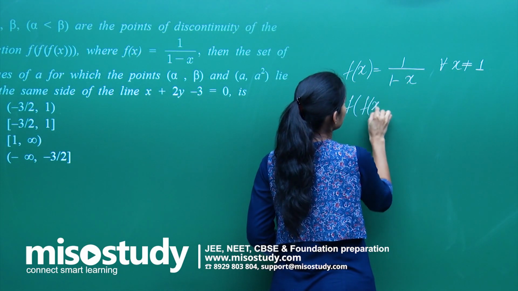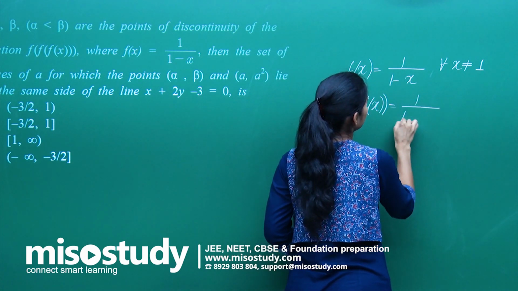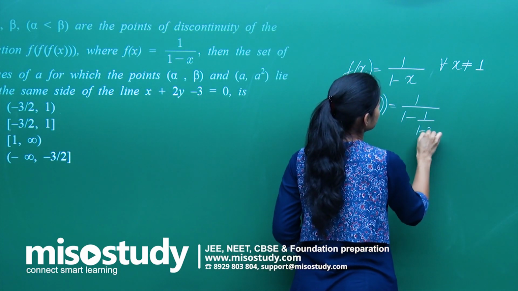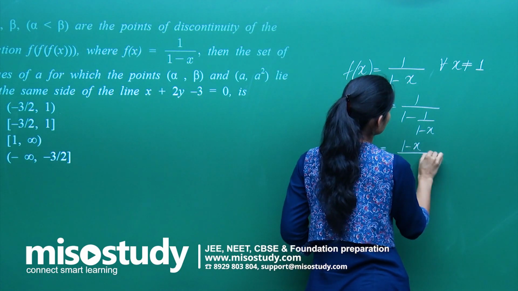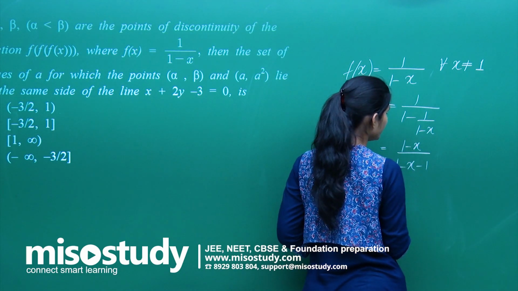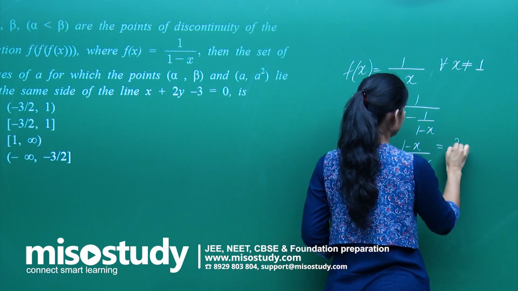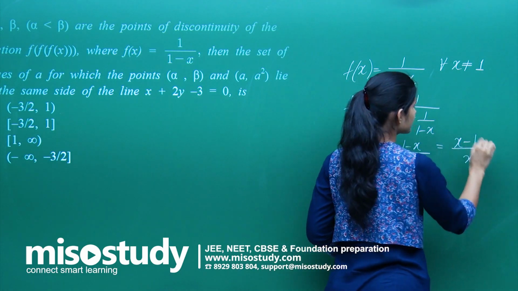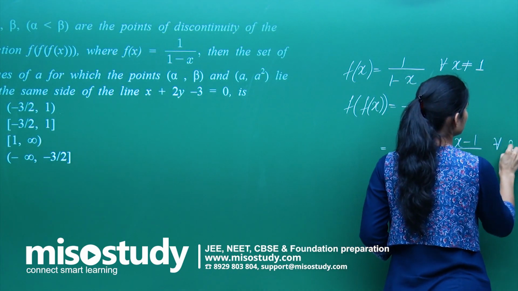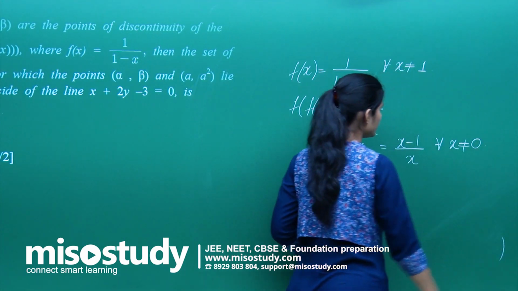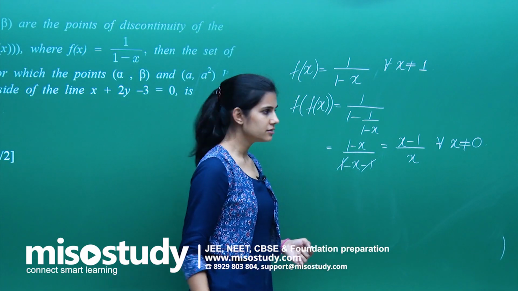If I talk about f of f of x, it is 1 upon 1 minus 1 upon 1 minus x. This is equal to what? 1 minus x whole upon 1 minus x minus 1. So this happens to be x minus 1 upon x, right? And then this is not defined for x equals 0 in the denominator, right?